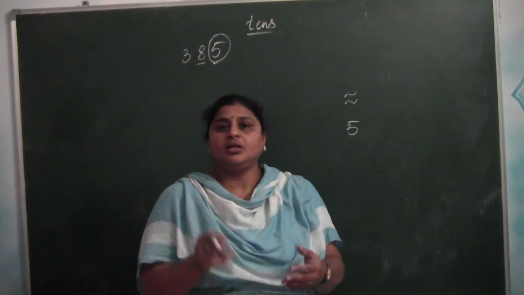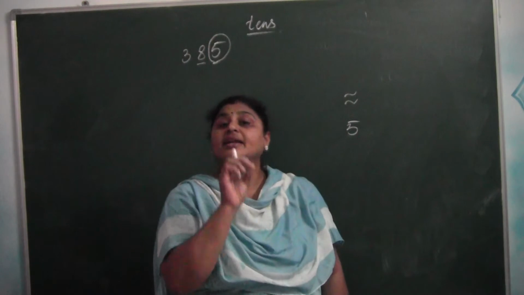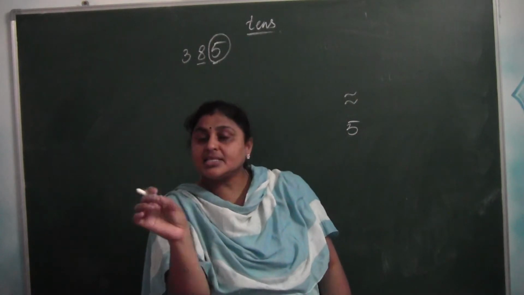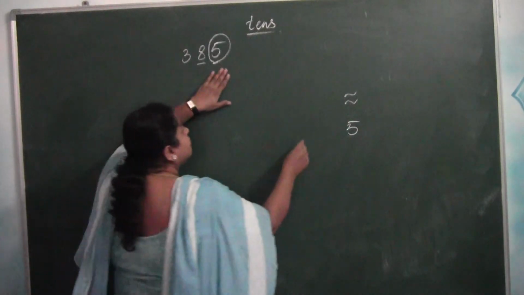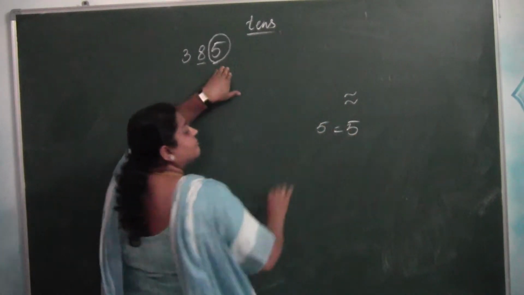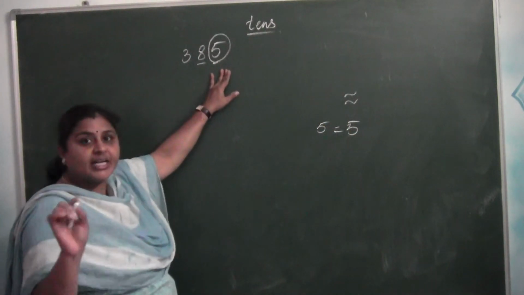Any number you round off, just underline it, and the next digit has to be compared with 5. Now here 5 is equal to 5. Okay, there are conditions, children.